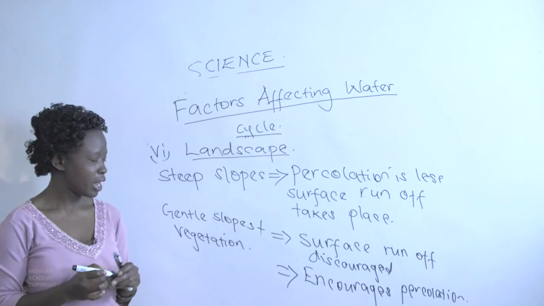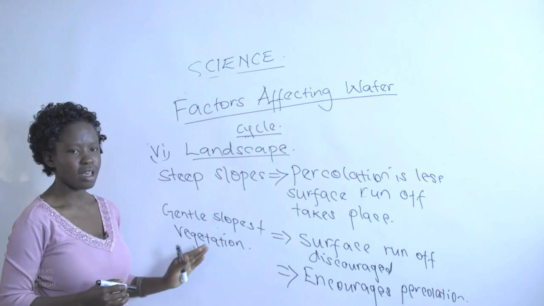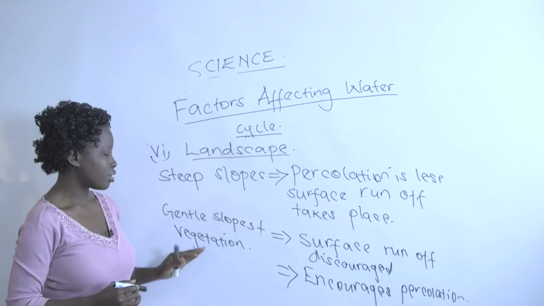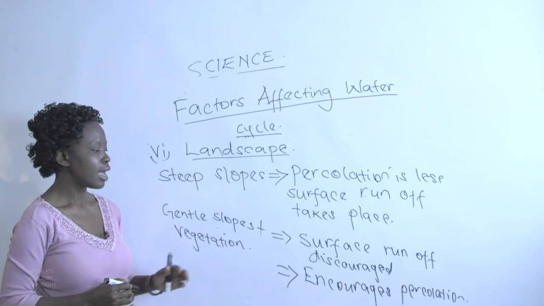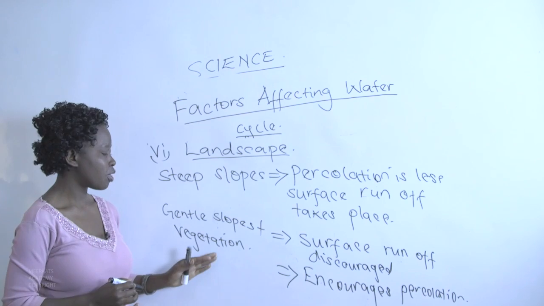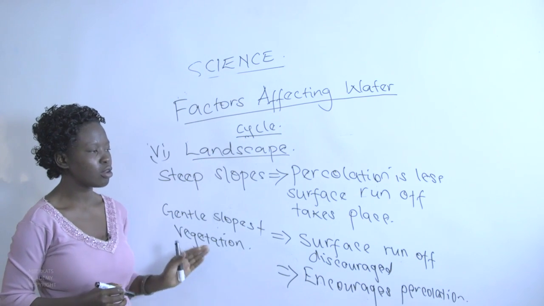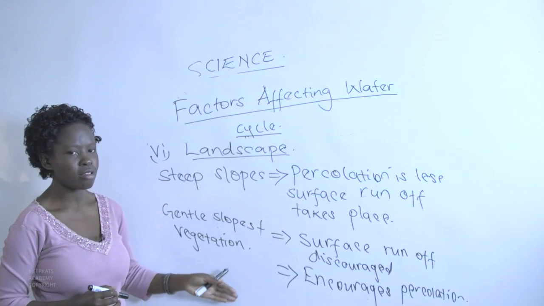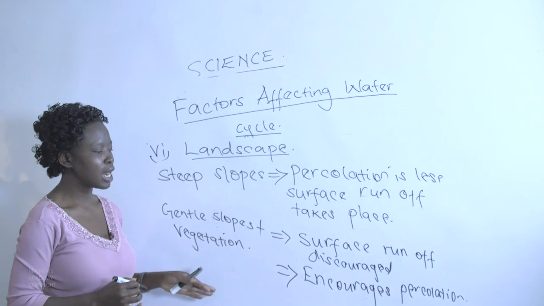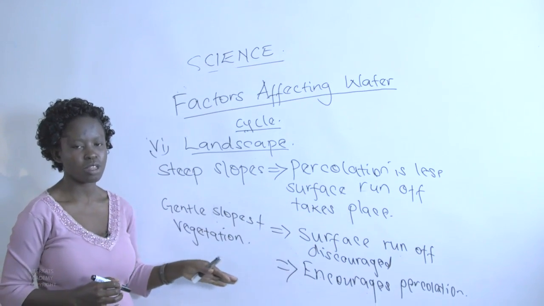So we find that on a gentle ground that is covered with vegetation, percolation is encouraged. At the same time, if the soils existing on that ground have some cleavages or cracks, then they will allow the percolation process to take place.